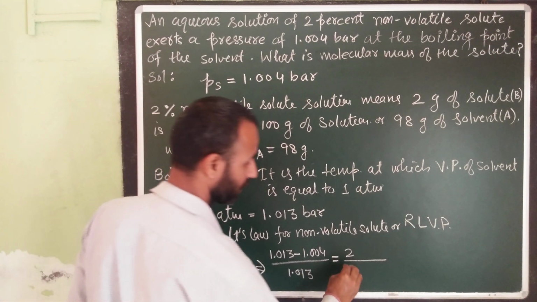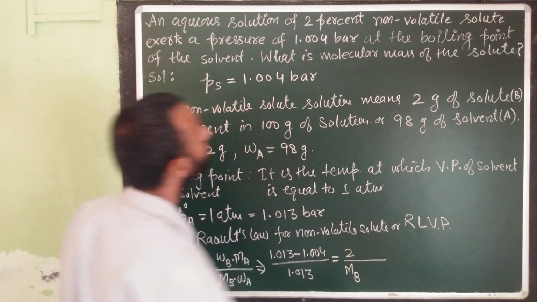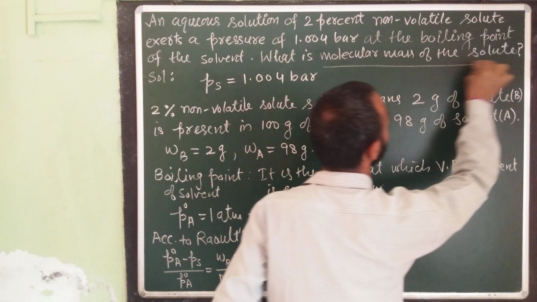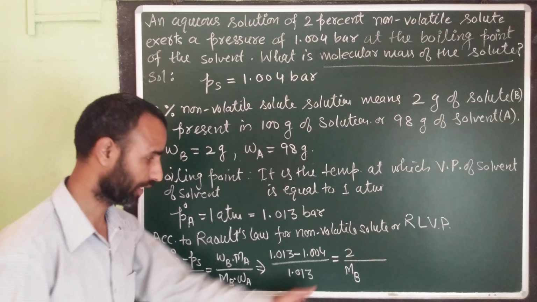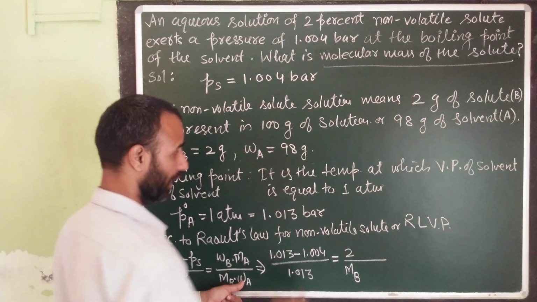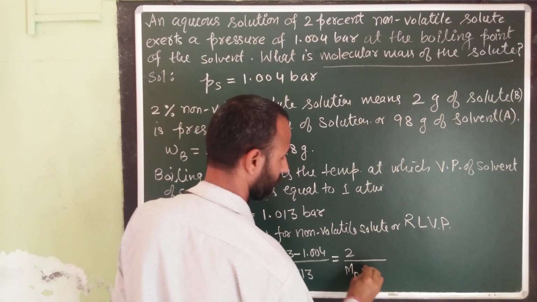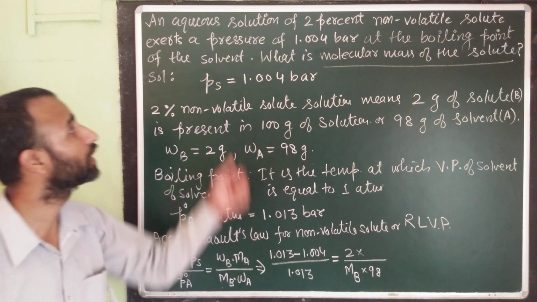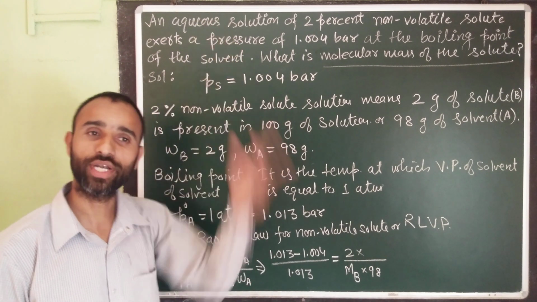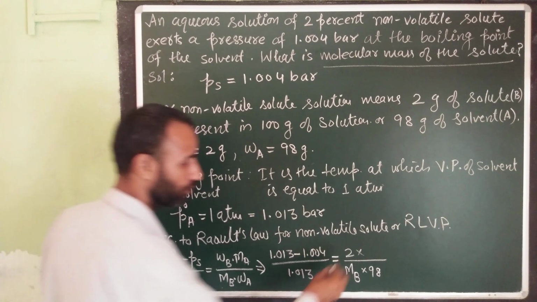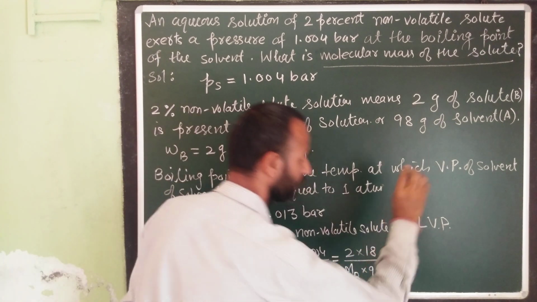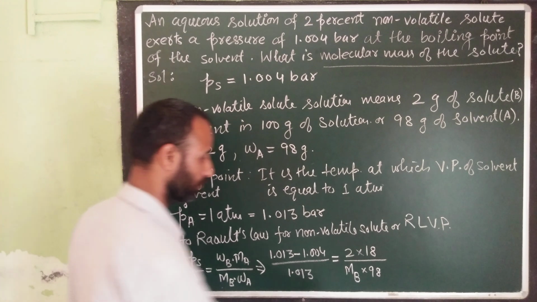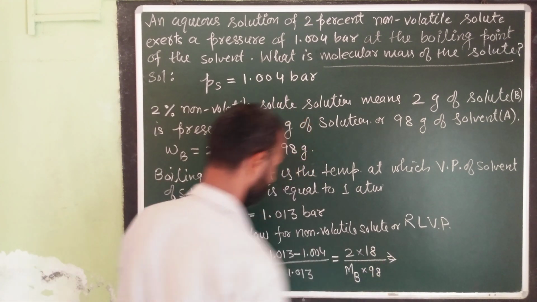We have to calculate the molecular mass of the solute. That is MB. WA 98. And what is MA? Because solution is aqueous, solvent is water. So for water, molecular mass is 18 only.